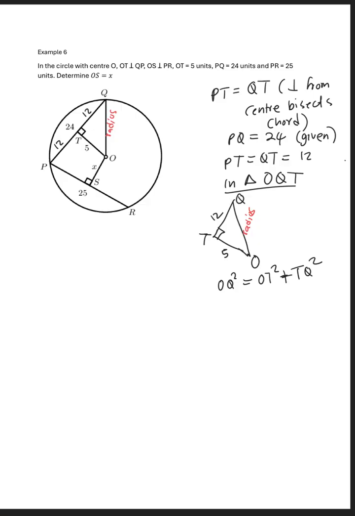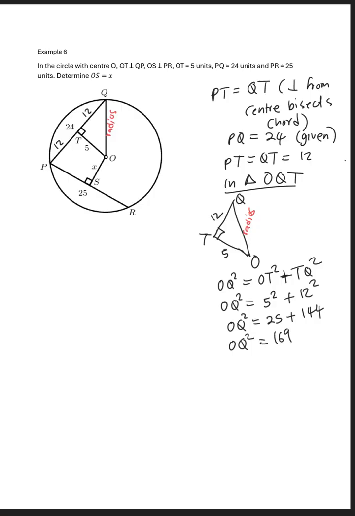squared. Then OQ squared is what we are looking for, and OT squared is 5 squared, and TQ squared is 12 squared. OQ squared is equals to 25 plus 12 squared is 144. And then 25 plus 144 gives us 169.